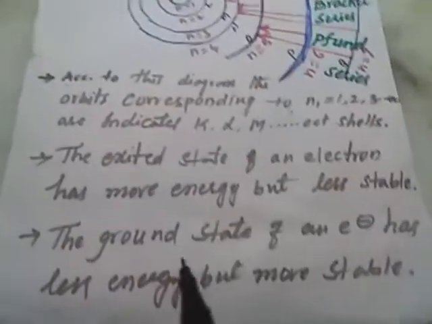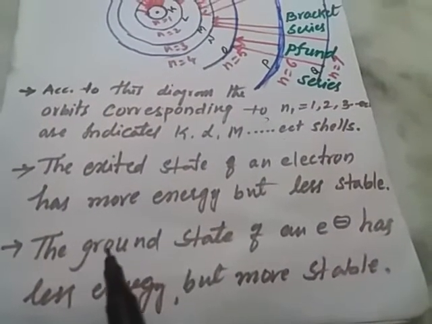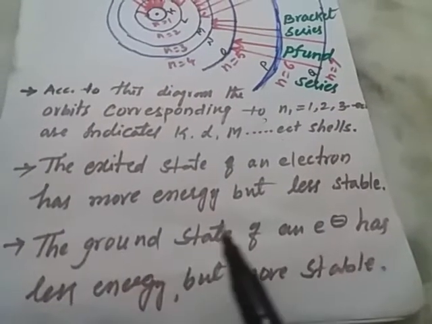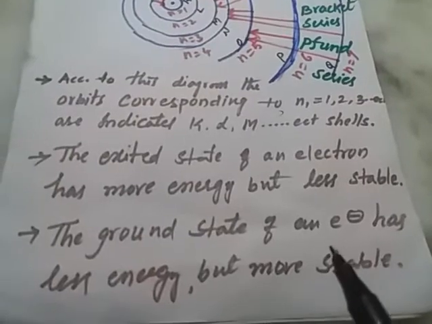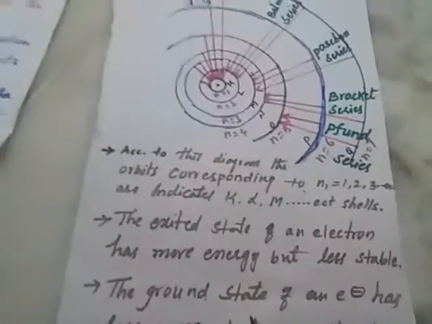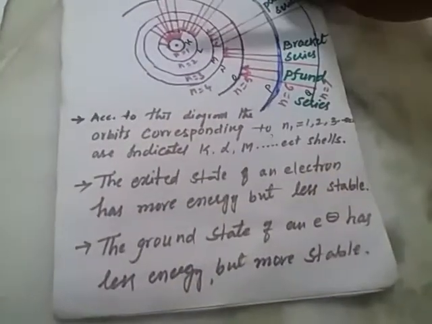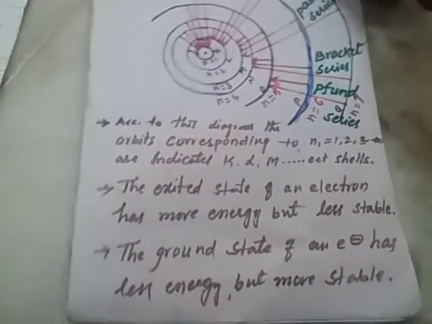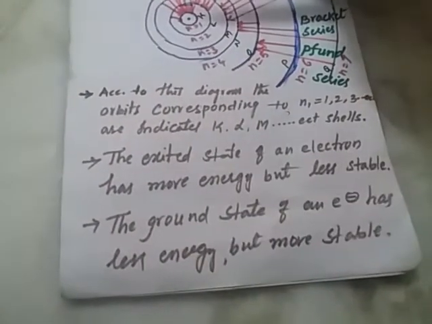The third important point of the orbital diagram is that the ground state of an electron has less energy but is more stable. So the energy and stability of electrons differ.